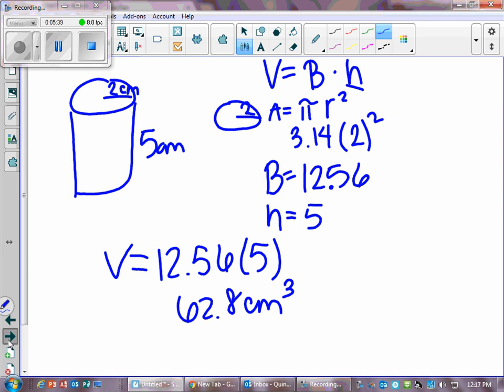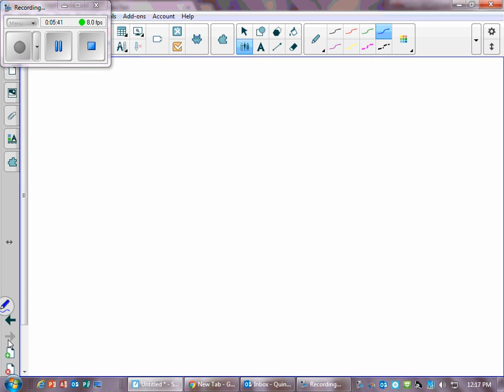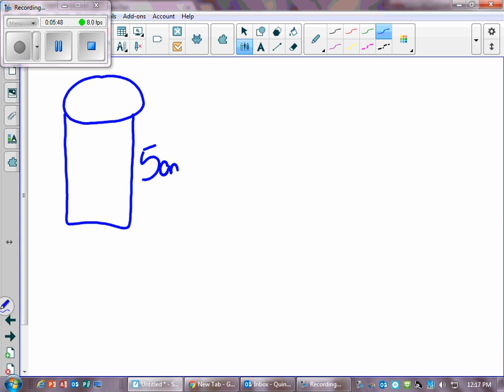Okay, last problem. Draw another cylinder. This time in my cylinder, I have a height of 5 centimeters and I have a diameter of 12 centimeters. Okay, so we want to find the volume of the cylinder.